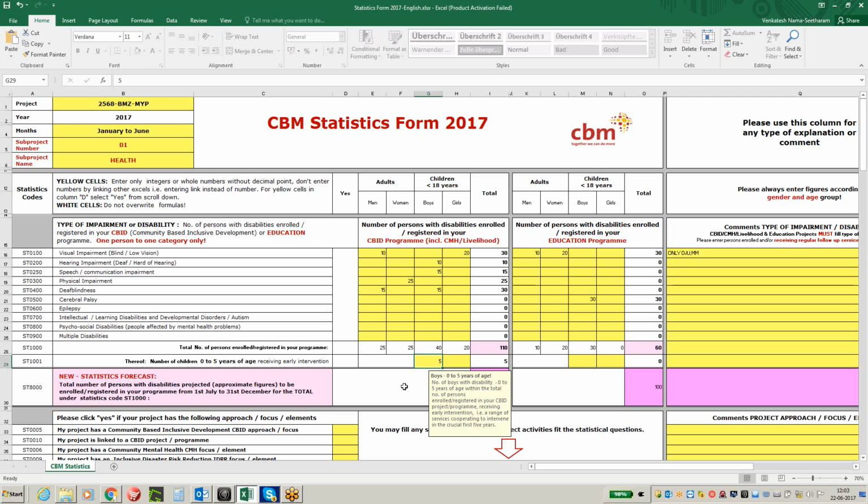And they should know from their project documentation that there are, for example, 10 or 15 or whatever, how many children are in this age range, because they are known to them. They are registered children in their program, and the above is the total. And within the group, there might be some of the children who have early intervention and who are up to 5. I think, does it make it more clear?